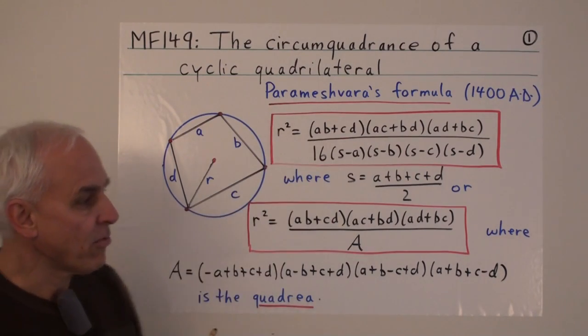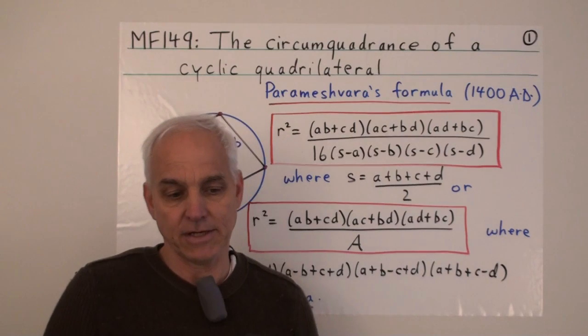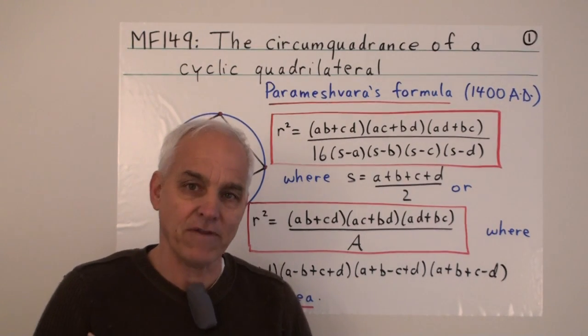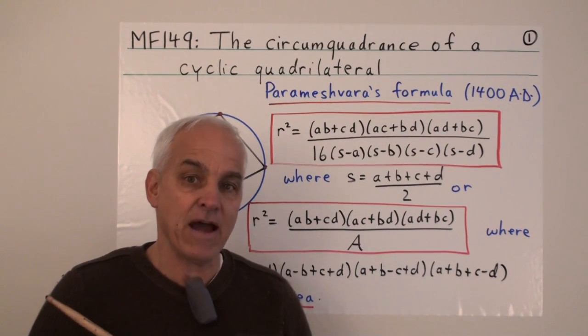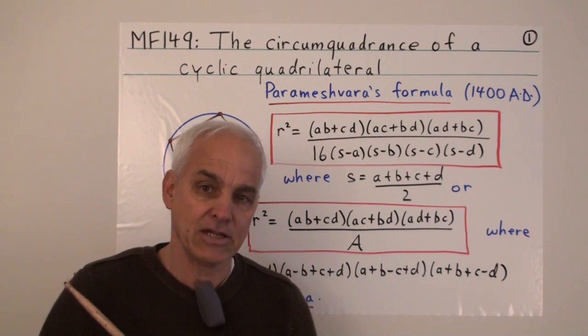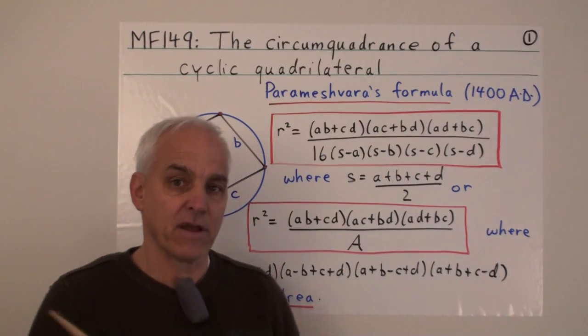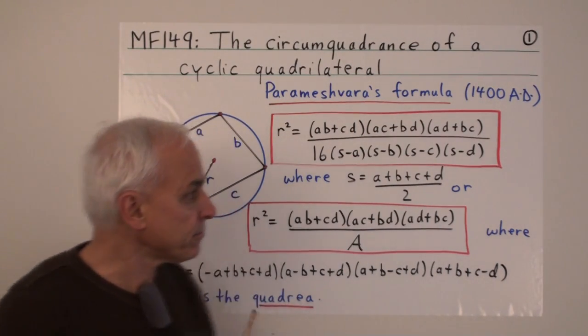So Parameshvara was an Indian mathematician who lived in Kerala. It's a state in the southern part of India that had a very vibrant mathematical and astronomical history and heritage, and at this time there was very prolific work being done there.